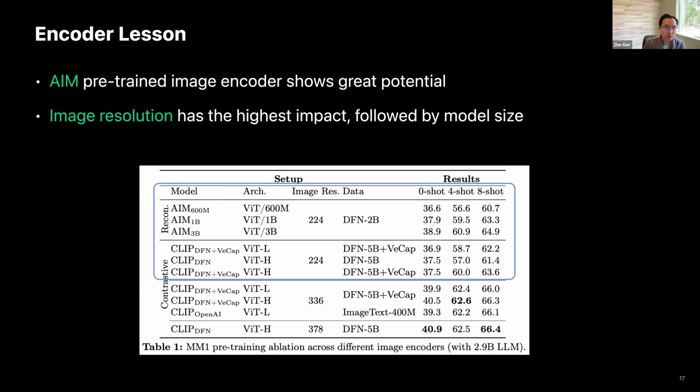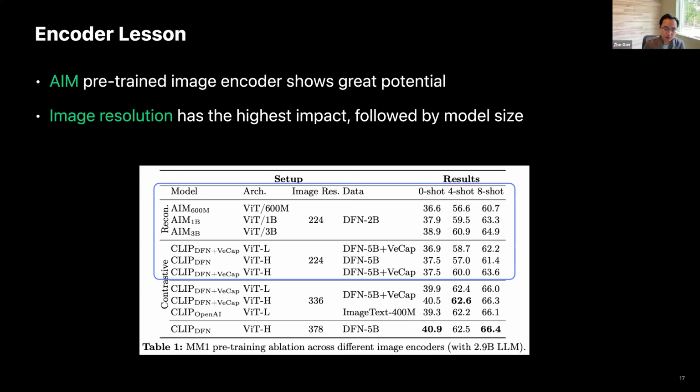The high-level result that we show is that besides CLIP, AIM, a purely generative pre-trained image encoder can also have great potential for multimodal LM. And besides that, it's really the image resolution that matters the most, followed by model size.